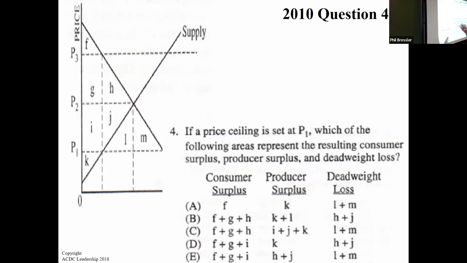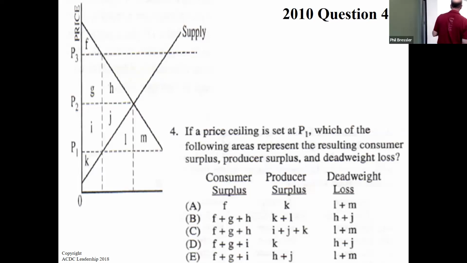All right, Christian, first thing I want to ask you: at P1, is this price ceiling binding? Okay, it's below the equilibrium. Then the rule: you take this line across, you go up and down, and when I hit supply, I would do the same thing.